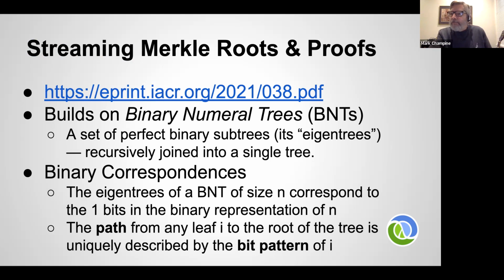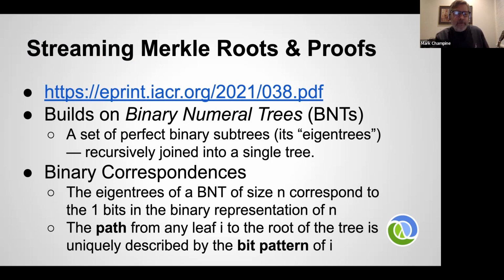The algorithm was explored in a paper. Here is where it's published, if anybody wants to actually read the original paper. It builds on the concept of something called a binary numeral tree, which the definition is a set of perfect binary subtrees called eigentrees that are recursively joined into a single tree.